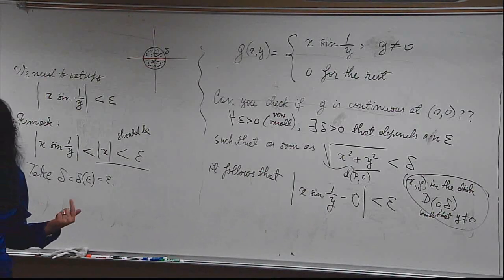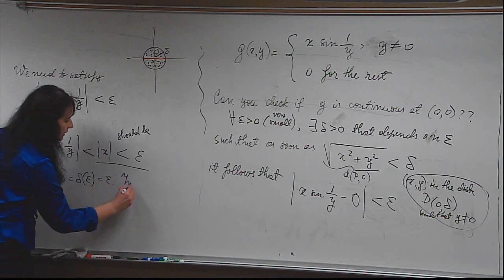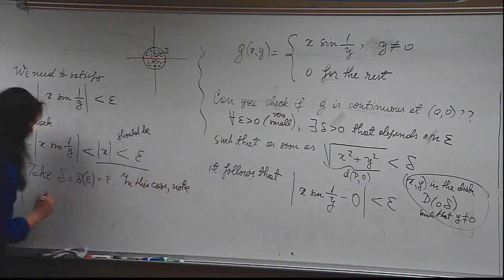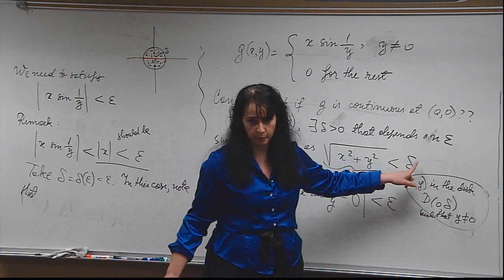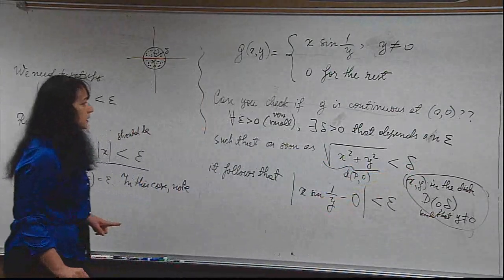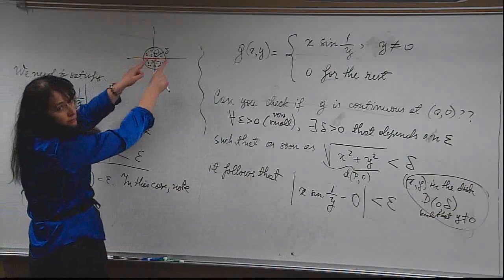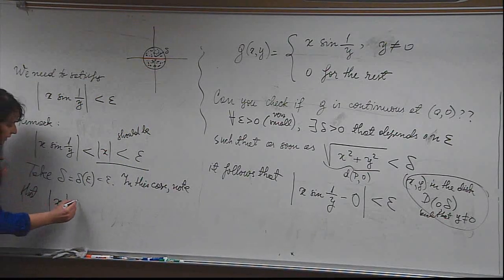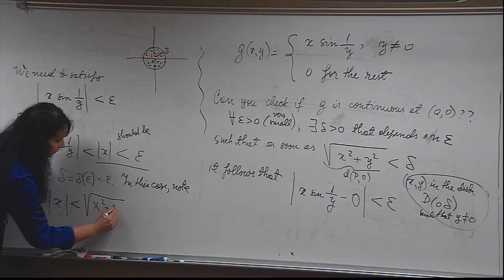But it's not his job, he's not your teacher, right? So, why is this working? Because in this case, note that if I take delta to be exactly epsilon, what's going to happen? Mr. X could be positive or negative. Let's take this guy and protect him in absolute value. He is always less than square root of x squared plus y squared.